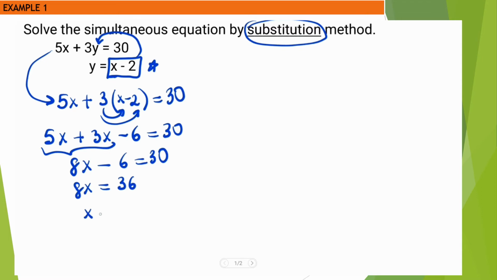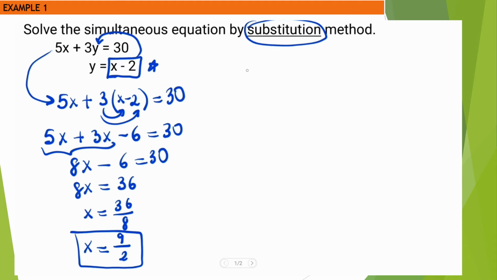Divide both sides by 8. You will have a fraction. I advise you to simplify it more. Both of them can be simplified by 4, having 2 in the denominator and 9 in the numerator. Then you will have 9 over 2 as the value of x.